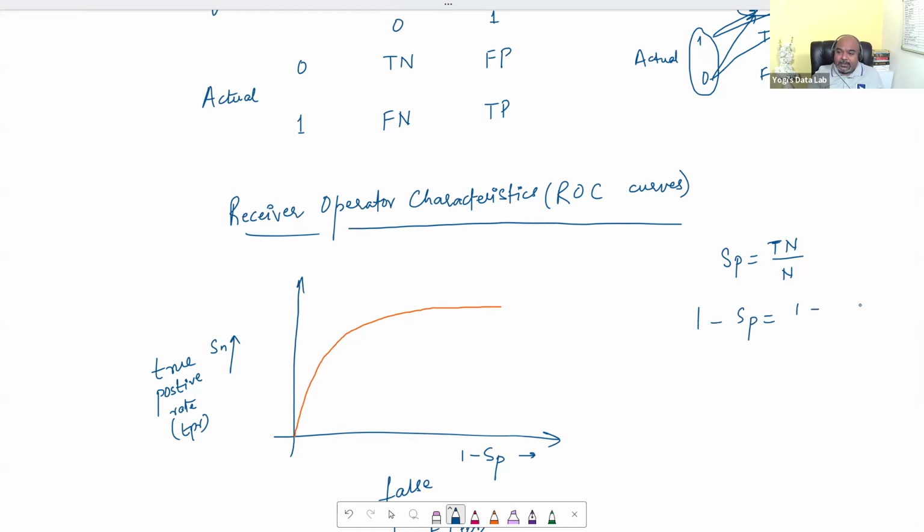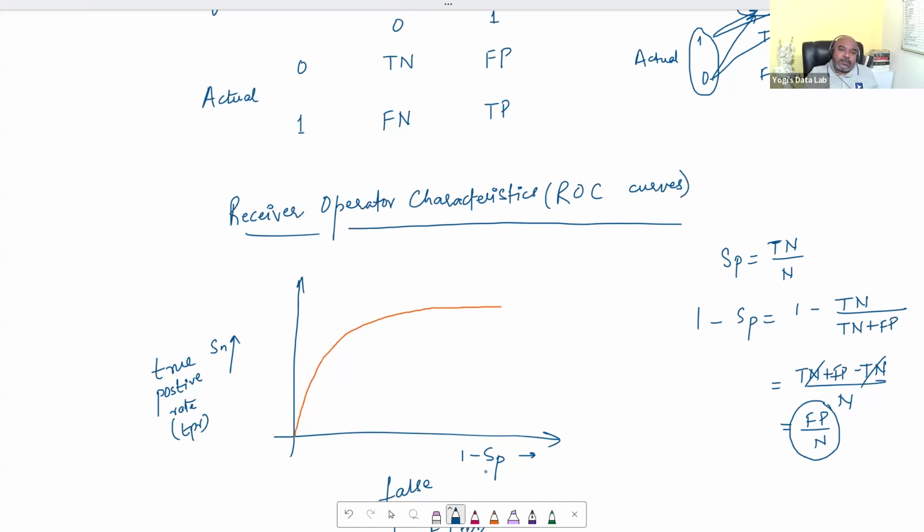I'll get 1 minus TN by N, and I'll expand this value of N, which is TN plus FP. So this becomes TN plus FP minus TN divided by N. This cancels out and this becomes FP by N. So how many false positives out of the total number of negatives? So it becomes false positive rate. So my x-axis is 1 minus Sp.